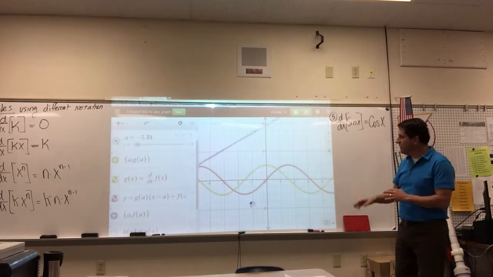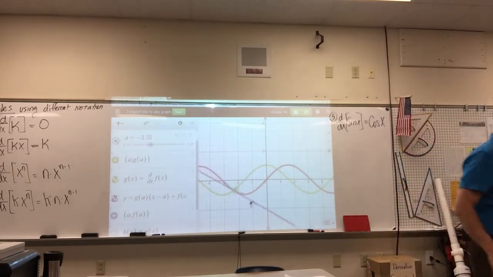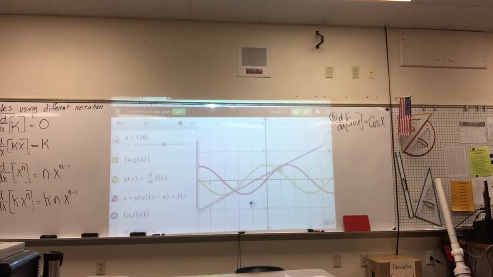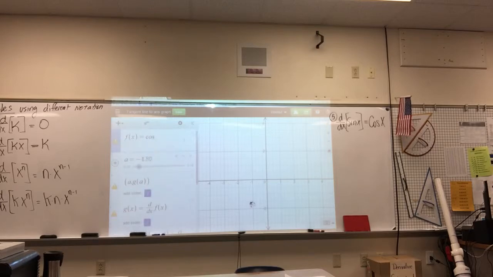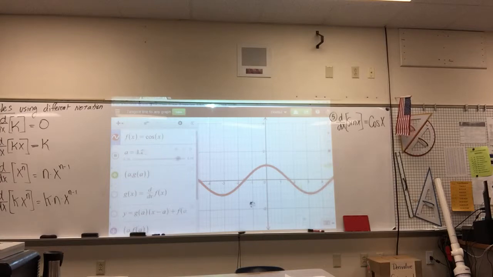Okay, every single one of those values. So we just added a one to our list. Okay, so let's go change the function. What about the cosine? Now I've graphed the cosine.